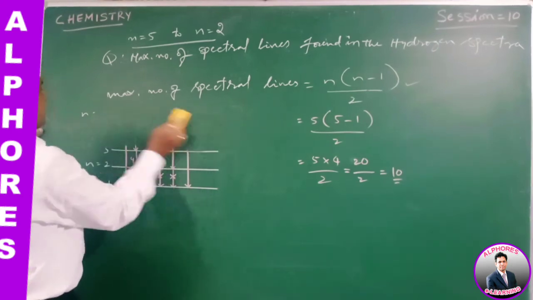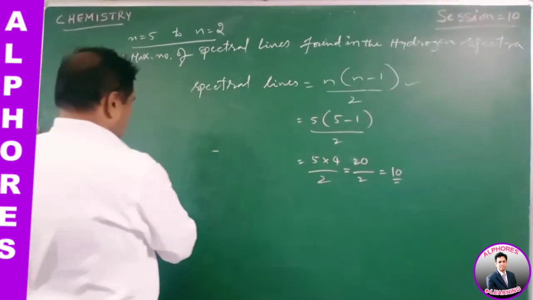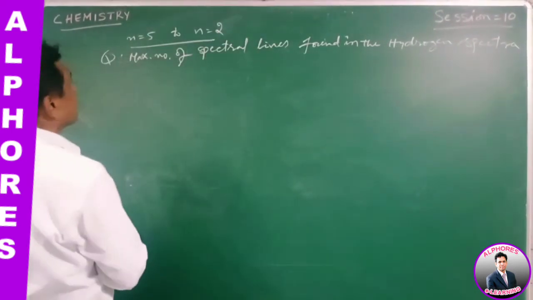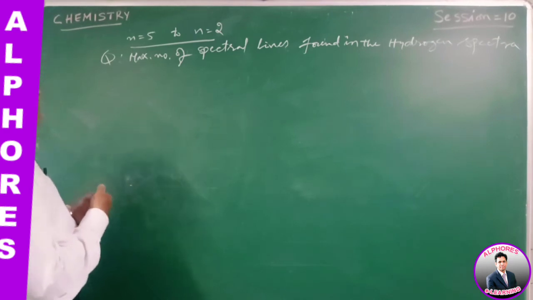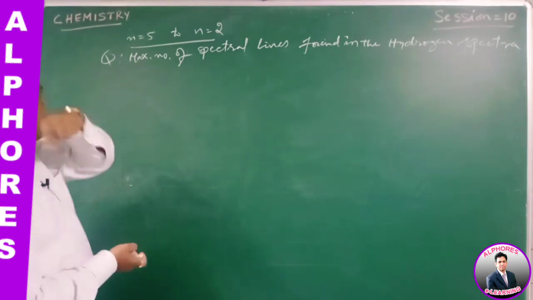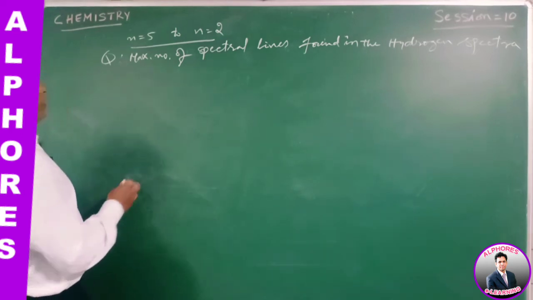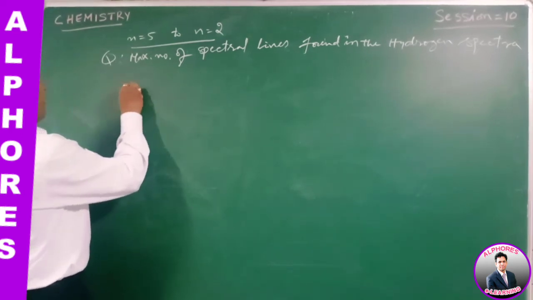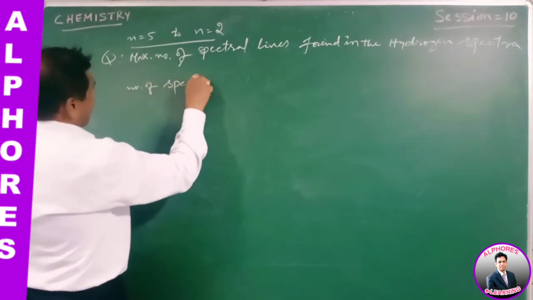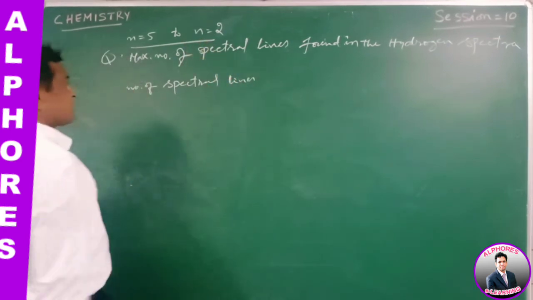Now I am taking to the next one. That is when electron is jumping from 5th orbit to 2nd orbit. Number of spectral lines.